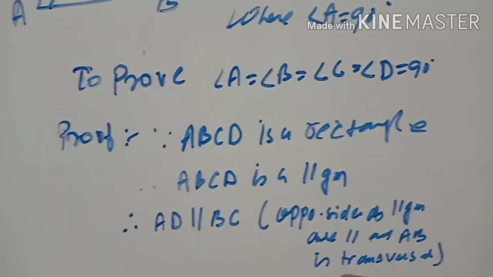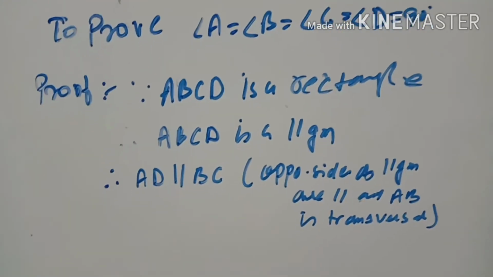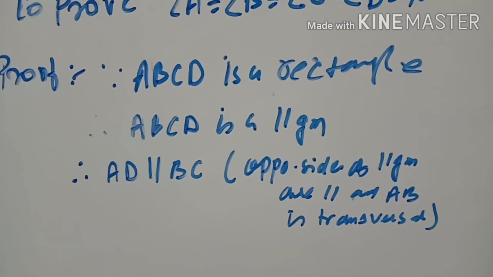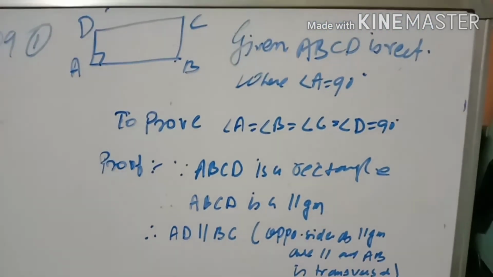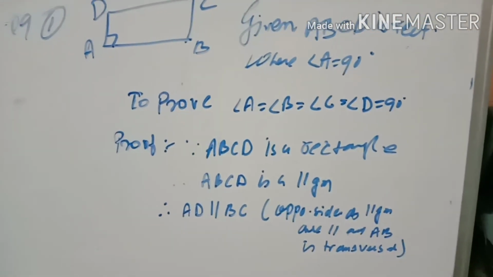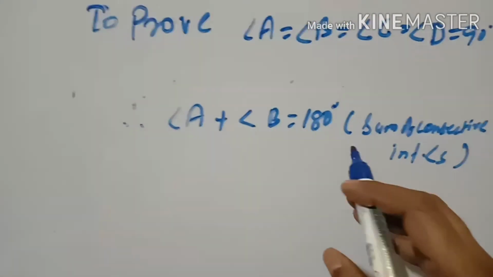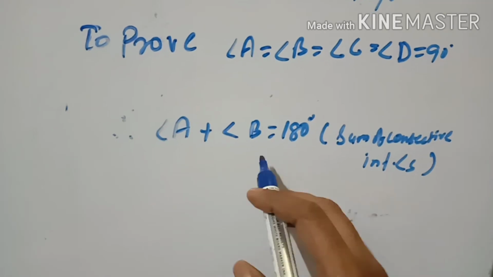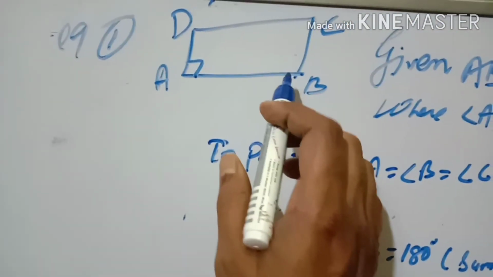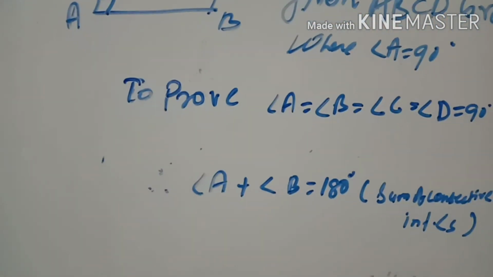Write down up to here. You have to write transversal. Therefore, angle A plus angle B equals 180 degrees, because the sum of the consecutive interior angles equals 180 degrees.